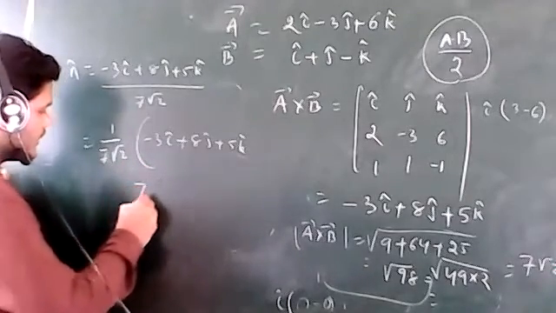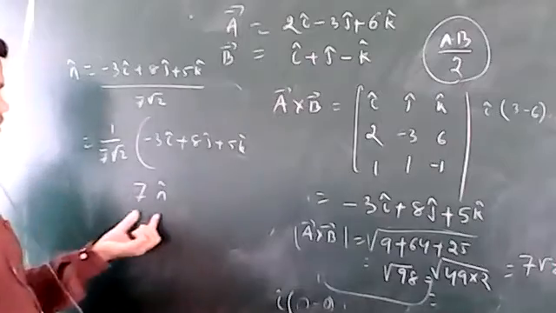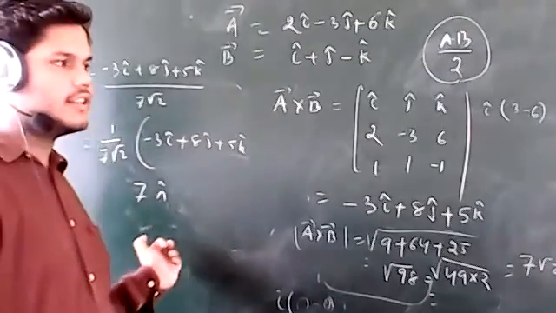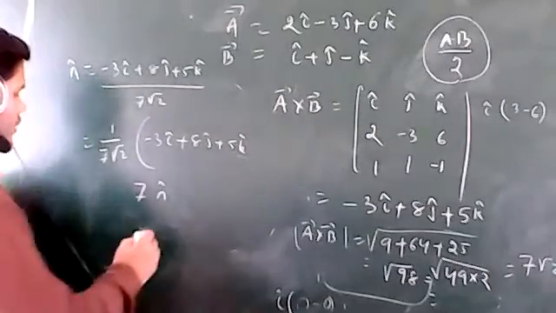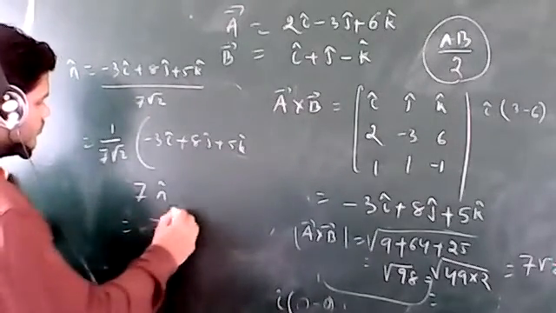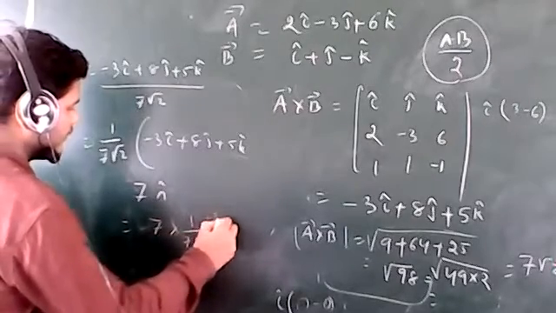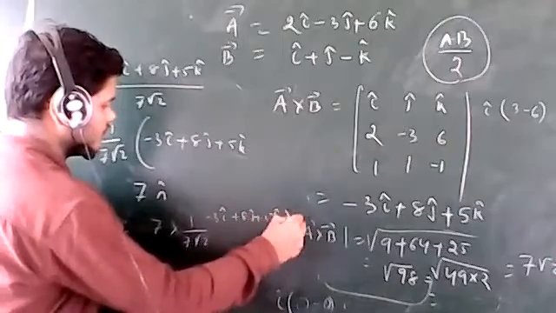So you have to find out 7 into n cap. If you are writing 7 into n cap, that means n cap having the length 1, so multiplied by 7, the total length will be 7. So you just write 7 into n cap. n cap is 1 by 7 root 2 into minus 3 i cap plus 8 j cap plus 5 k cap.